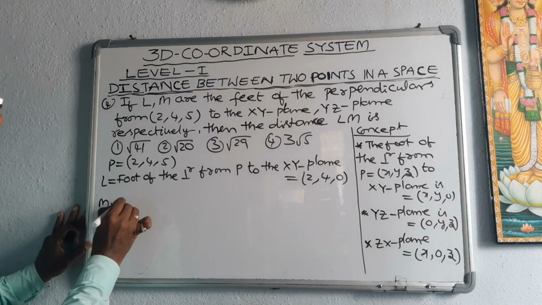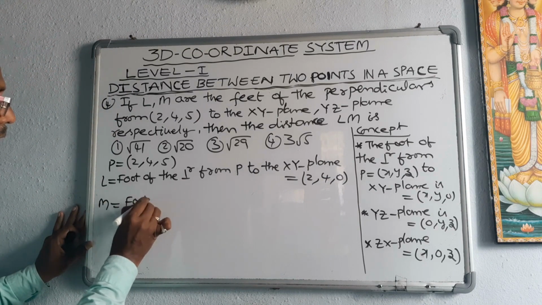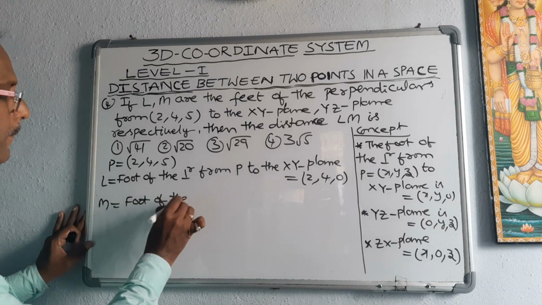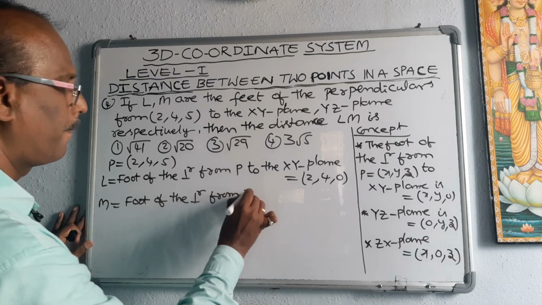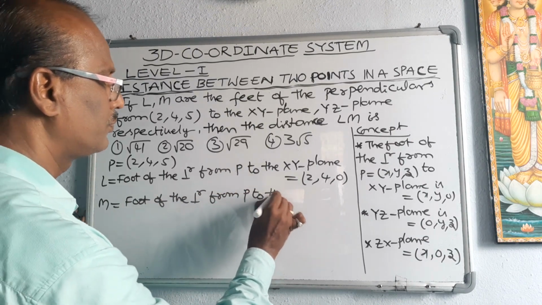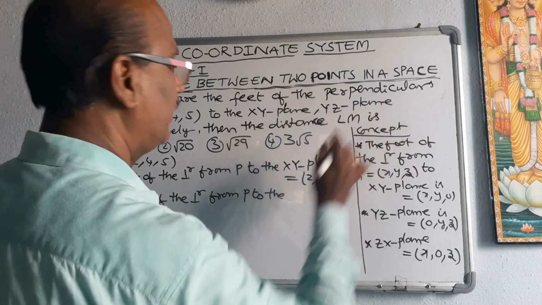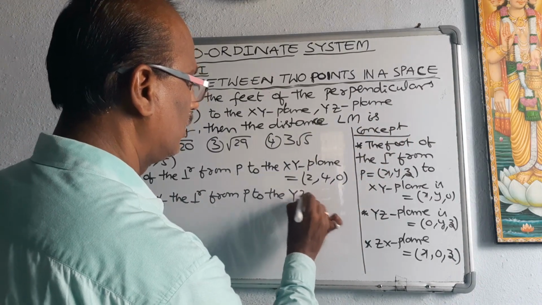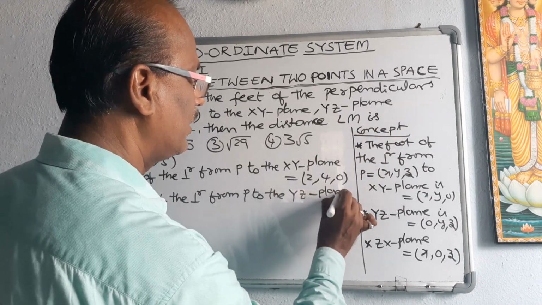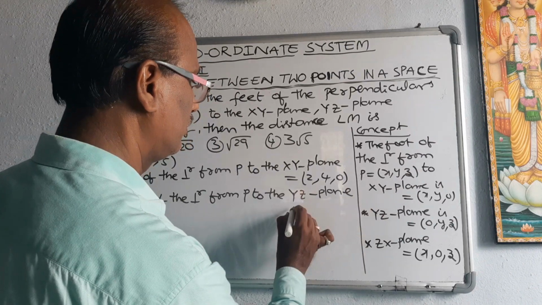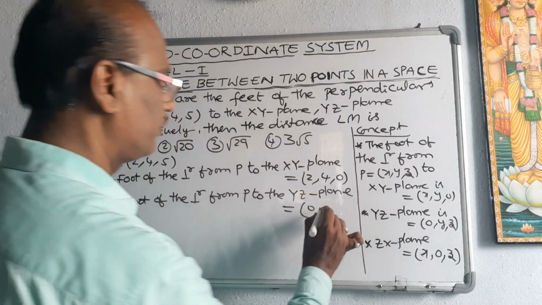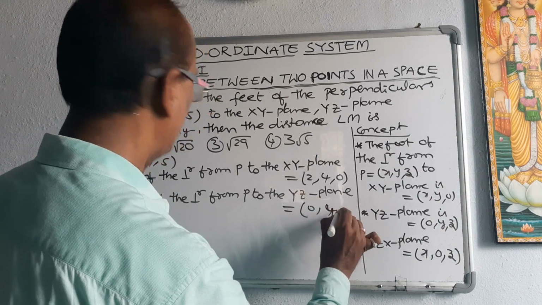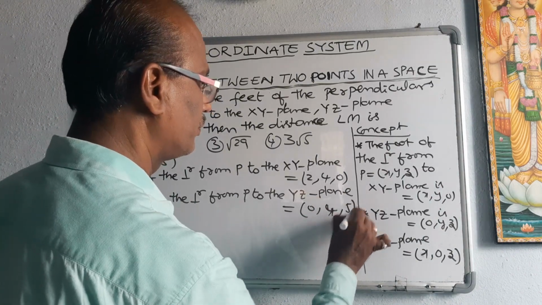M, the foot of the perpendicular from P to the yz plane. In the yz plane, the x coordinate is 0, so M is (0, 4, 5): y coordinate is 4, z coordinate is 5.